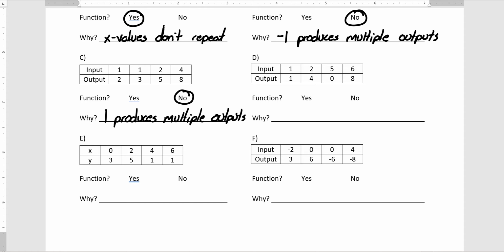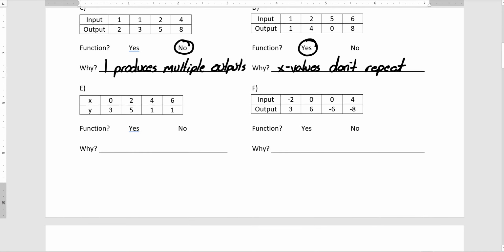I have 1, 2, 5, 6. I have no repeating inputs, so this is a function. X values don't repeat. Why don't you go ahead and try letters E and F? Pause the video, try E and F on your own, and then we will check those together. Alright, let's see how we did.